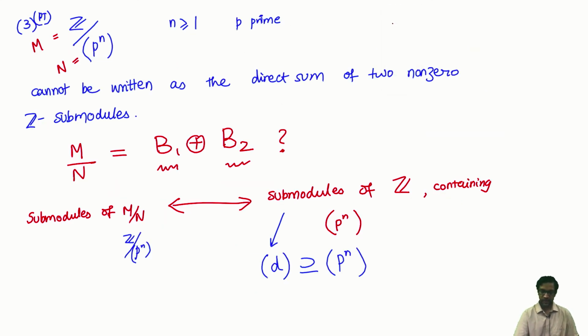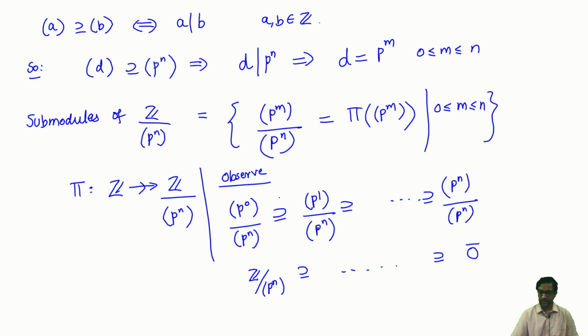I'm trying to say, can I write this as some B1 direct sum B2? Well, B1 and B2 must both occur somewhere in this chain. But observe, that will mean that either B1 is contained in B2 or B2 is contained in B1, since they both occur as part of this chain somewhere.